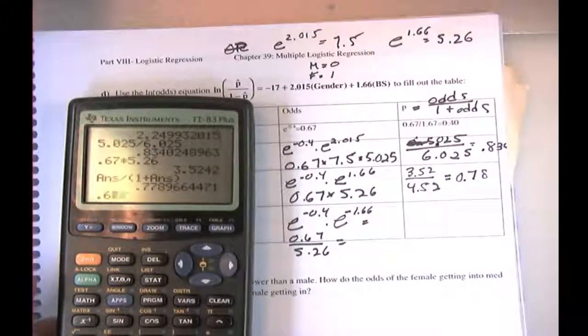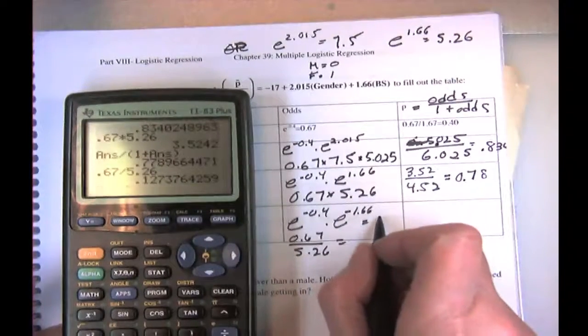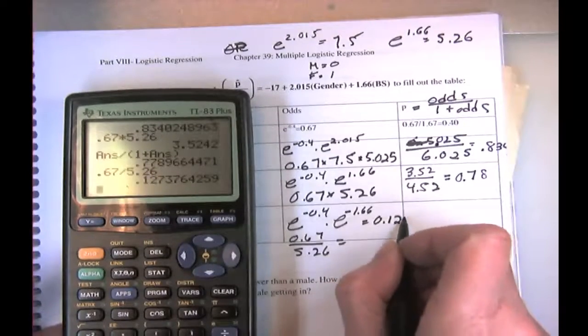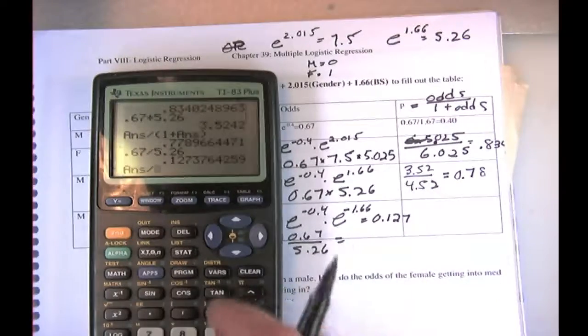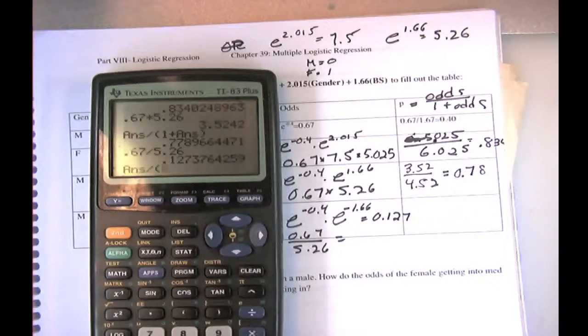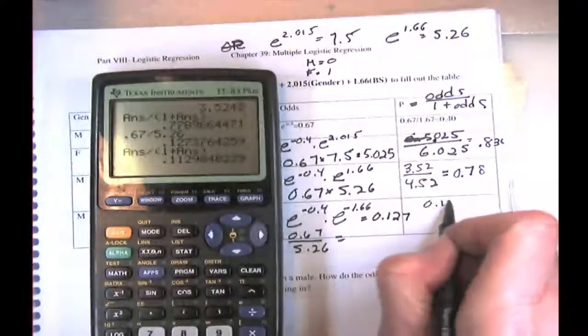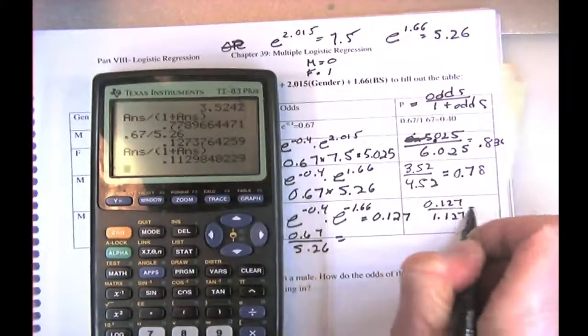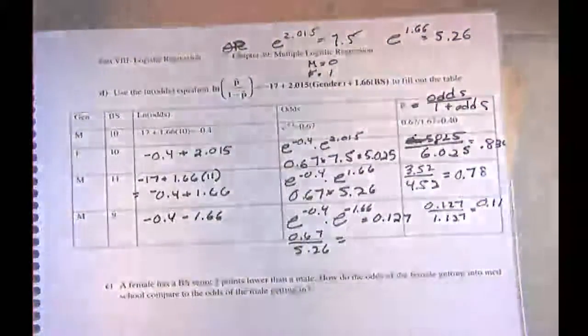So 0.67 divided by 5.26 gives 0.127, and then to get the probability we divide that by 1 plus that. And we get 11.29%. I'm just rounding everything here, but I think you understand.